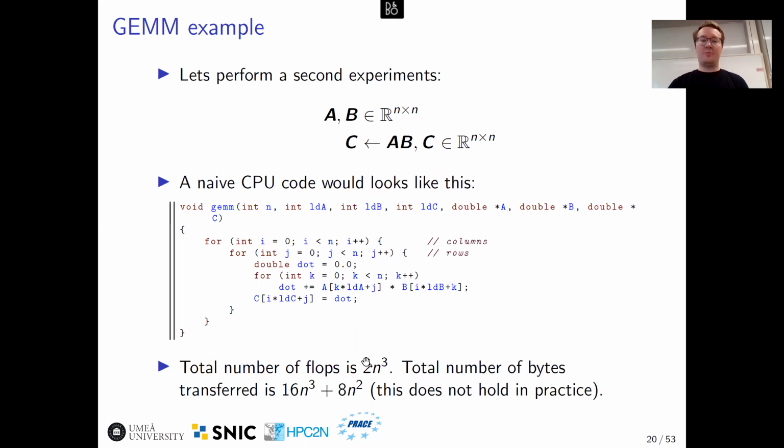And when you count the number of flops, we have two flops inside three nested loops that all loop over n iterations. It's going to be 2 times n cubed number of flops. And total bytes being transferred, inside here we have to load 2 doubles, so it's going to be 16 n cubed, and then we have to store 1 double back to the memory inside the 2 nested loops.